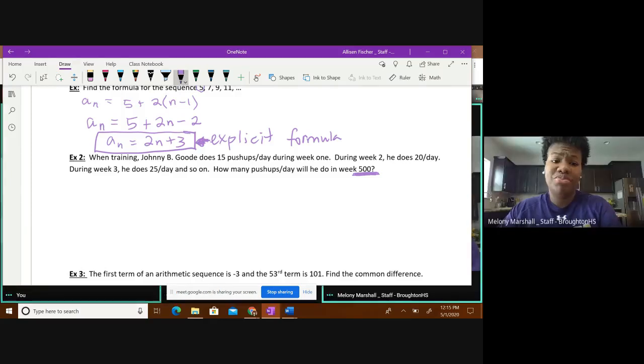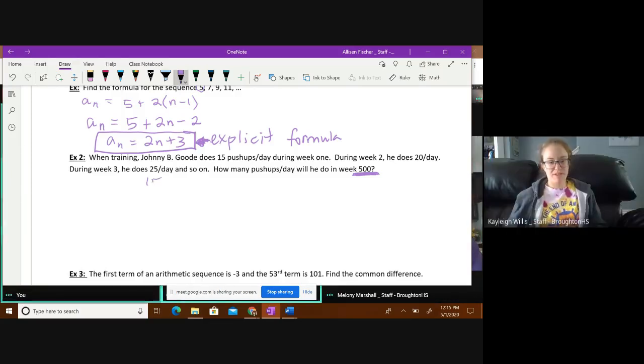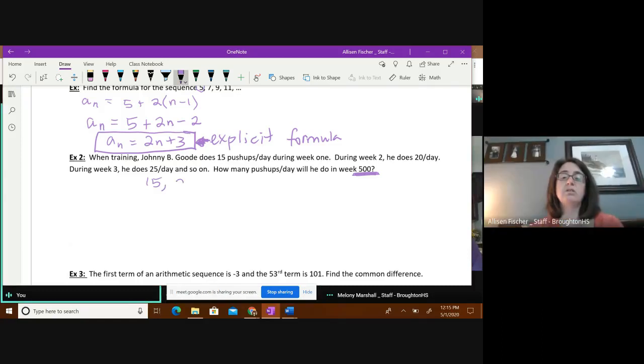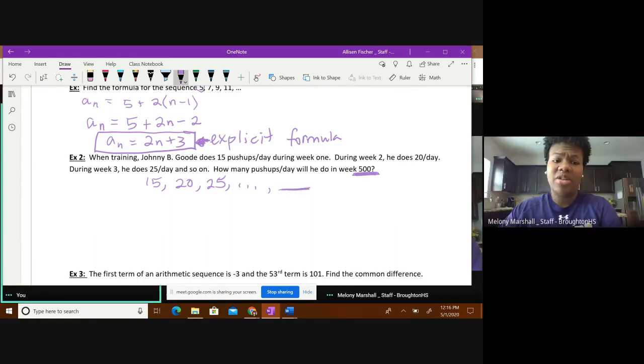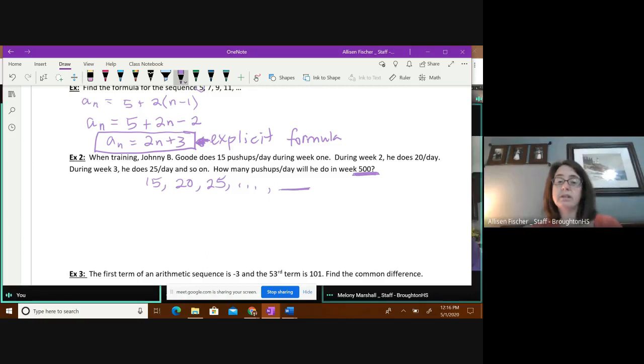So we've got week 1, 15, week 2 is 20, and week 3 is 25. We're going to keep going, and we want to figure out what number of push-ups he's going to be doing in week 500. And there's no way I'm going to find week 4 to week 500. Like, that's ridiculous.